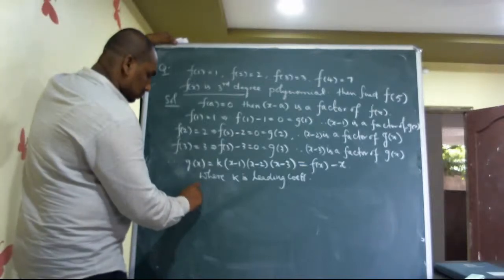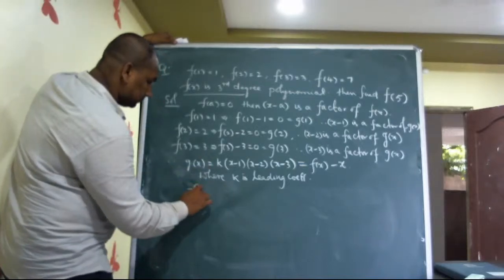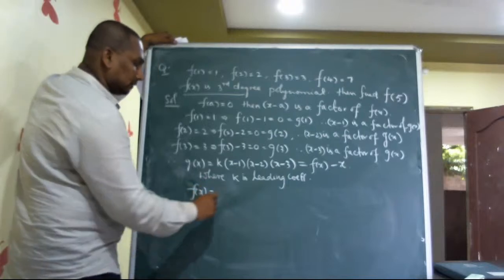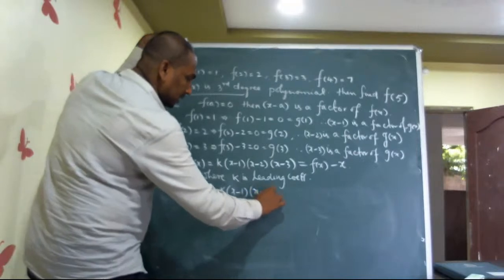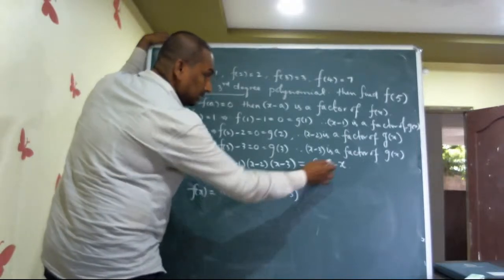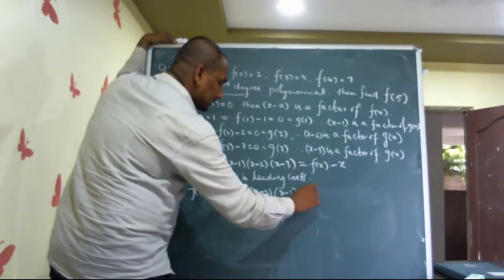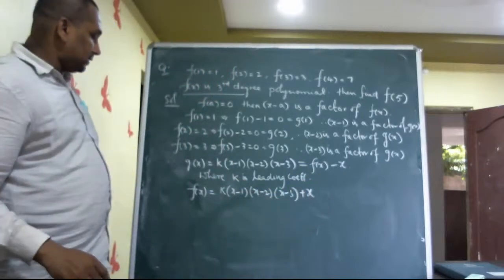Now, therefore f of x is equal to k times of x minus 1 times of x minus 2 times of x minus 3 minus x into LHS. That is f of x.